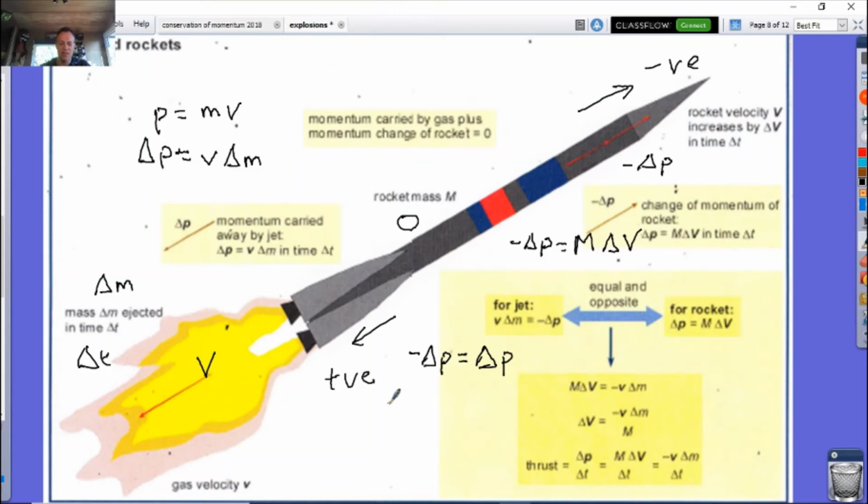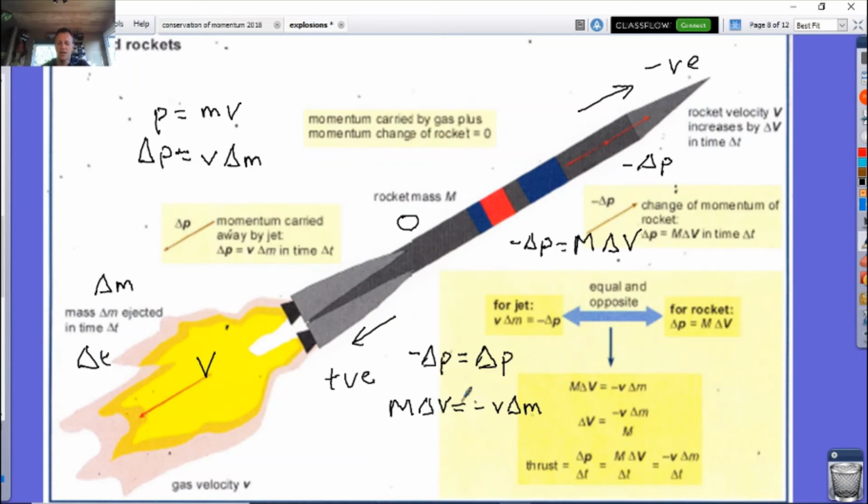That is why they come up with the equation just here of the mass multiplied by delta V, for the rocket, must be equal to the negative of the V multiplied by delta M. That's going to be the momentum of the gases being taken away. And what they've got here is they call that minus, and they call it a plus, and they're swapped over. It doesn't make a difference, the negative each one.